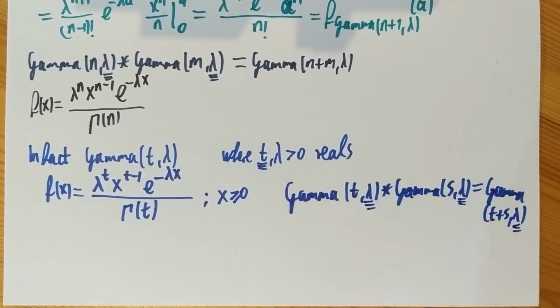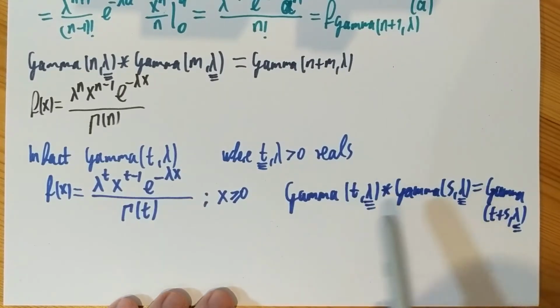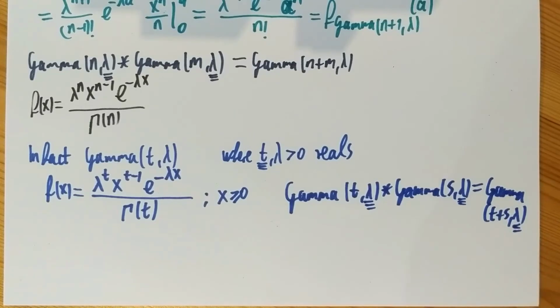Okay, we can still do this. It's still not very difficult integration to do. One needs a little bit of beta functions to verify this, which I'm not going to do here, but it's still a completely fine integration, and one can easily do that for any positive t, lambda, and s parameters, reals. They don't need to be integer. Okay, so in that sense, gamma is quite nice in general.